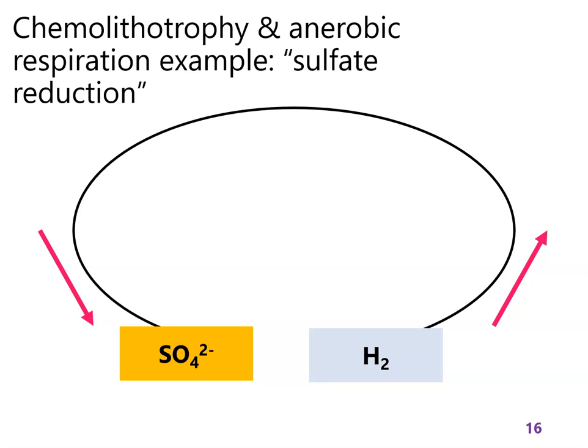And guess where rotting eggs get their smell? They get their smell from bacterial sulfate reduction, from exactly this. Although instead of hydrogen, those would be using sugars or proteins in the egg white. But they're using sulfate as their electron acceptor, since there's no oxygen inside an egg.